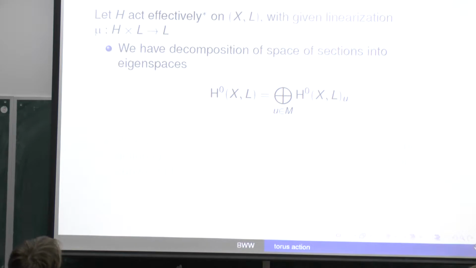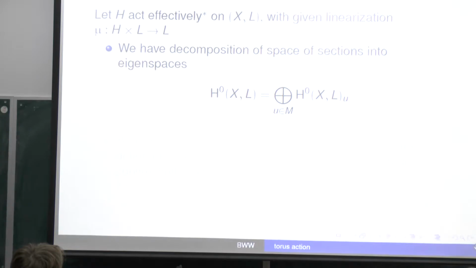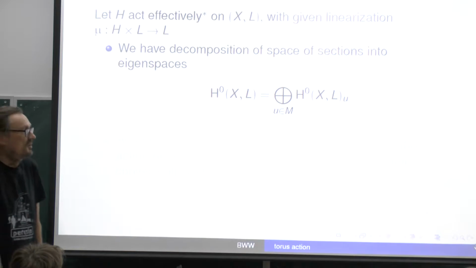Okay, so in particular, I don't want to have a one-dimensional subgroup which acts trivially. Then one thing which you can see is that, because of the linearization, the same idea of decomposing the space of sections into the eigenspaces associated to the characters, to the weights of this action, works. So you have the decomposition.